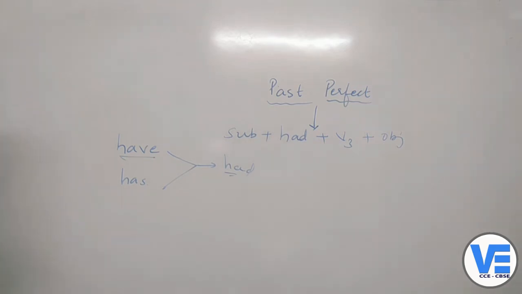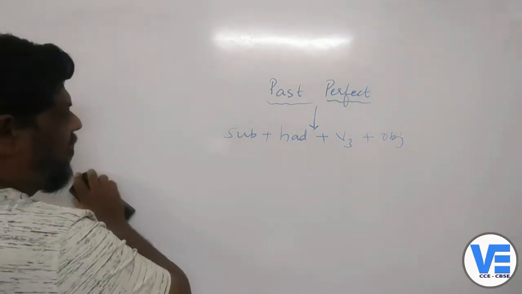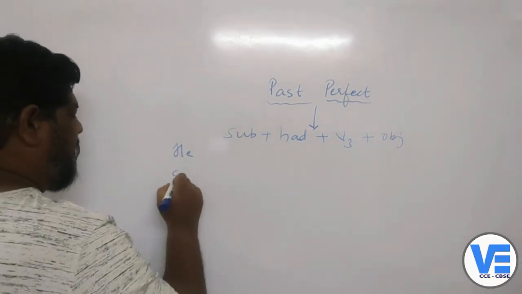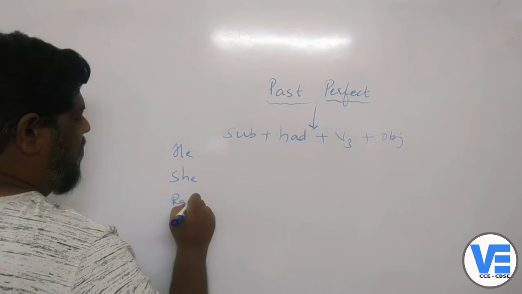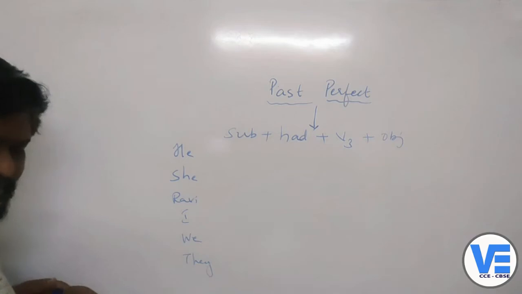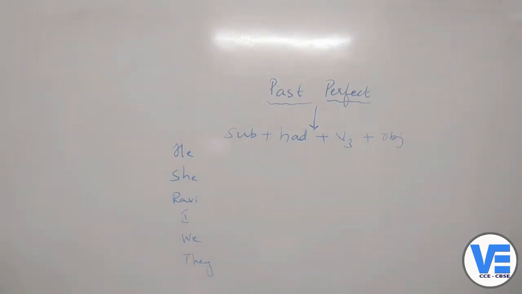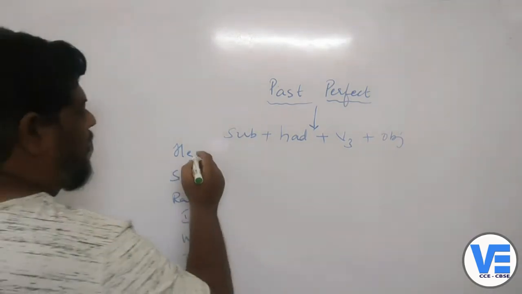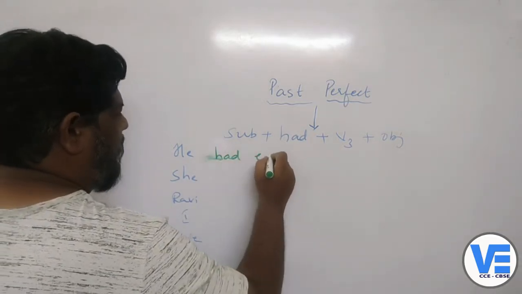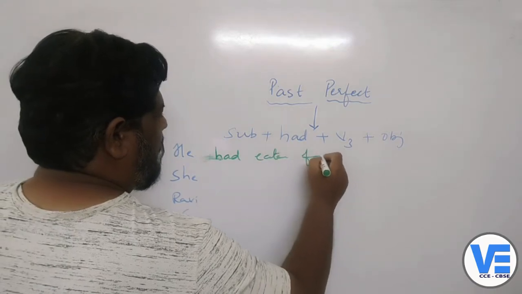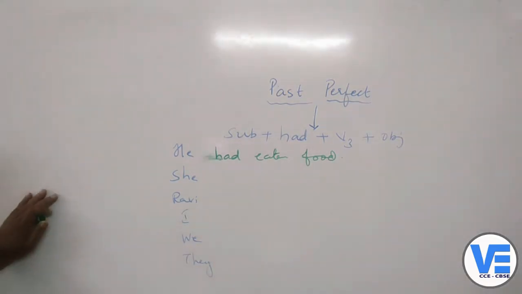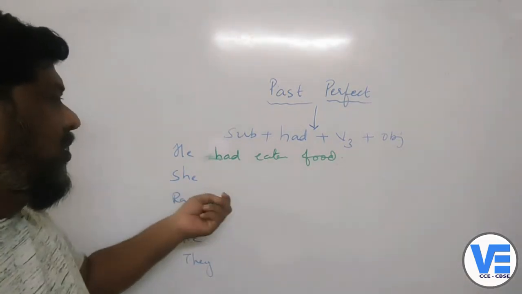Okay, children, now we'll try to write some examples. We'll write with he, she, Ravi, I, we, they. He had eaten food. He had eaten food before I arrived, before I came home.